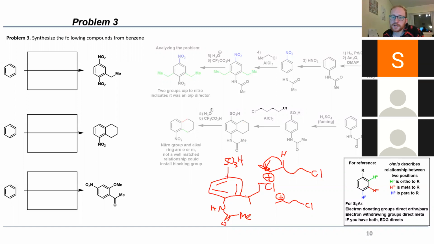The way, of course, classically to avoid doing this rearrangement is to add instead the acyl chloride.